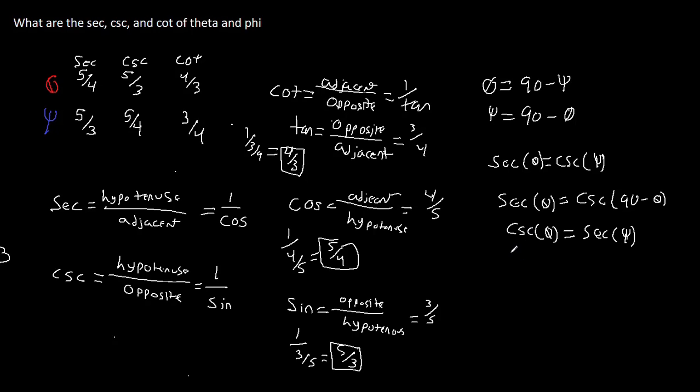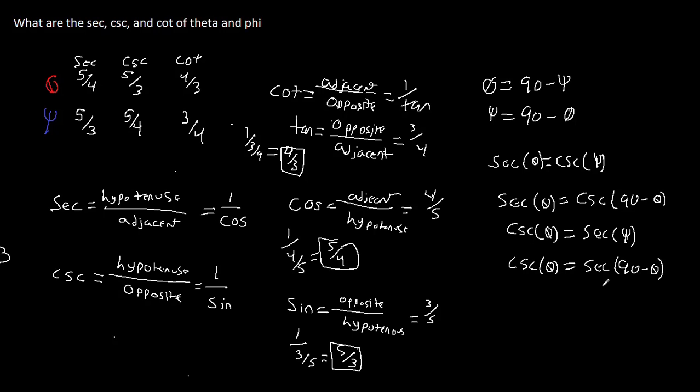So we can replace that idea with the cosecant of theta is equal to the secant, again replacing phi with 90 minus theta. That's what this equation is telling us that we can do, of 90 minus theta. All right. Hopefully this makes sense.